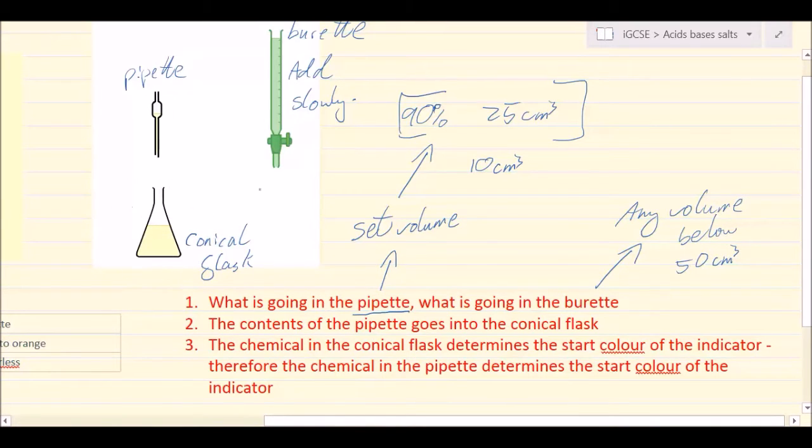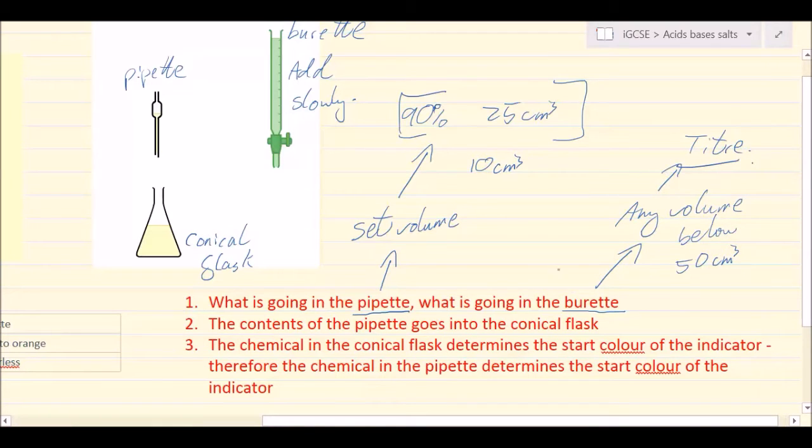This conical flask would then be moved underneath your burette, okay, where you slowly add the contents of the burette, and the indicator will gradually change. Okay, the burette, different to the pipette, can hold any volume below 50 centimeters cubed. So this will be the chemicals which have different volumes, and this essentially is what will be known as the titer.